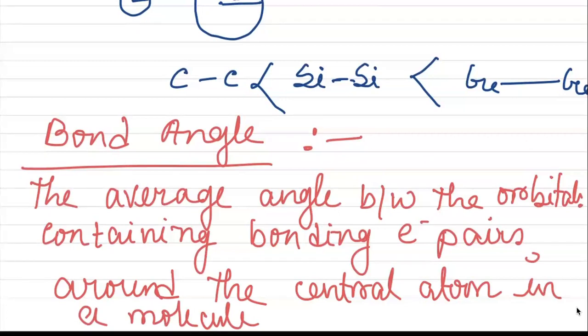The average angle between the orbitals containing bonding electron pairs around the central atom of a molecule.